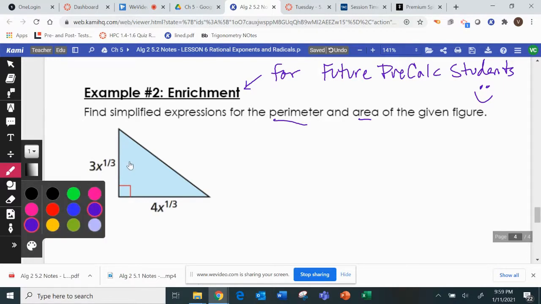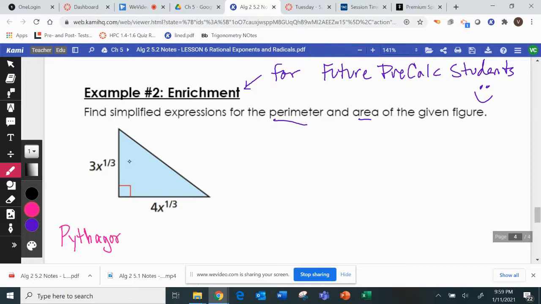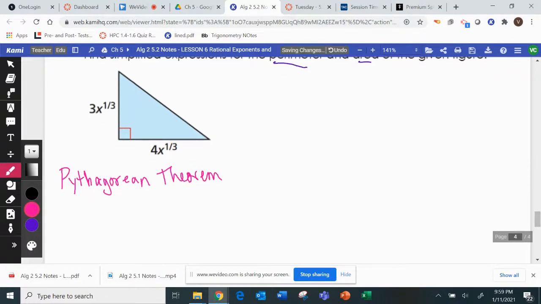And hopefully you remember something called the Pythagorean theorem or Pythagorean triples.